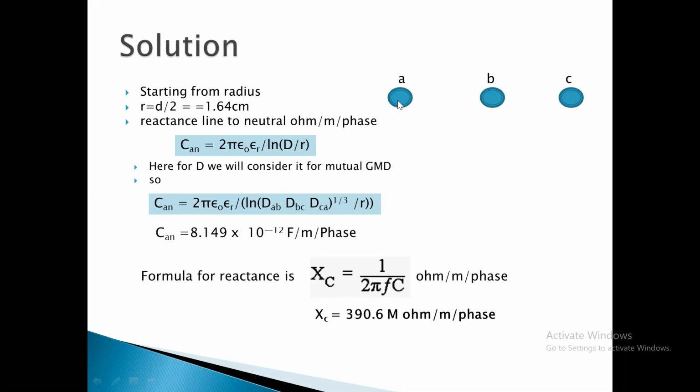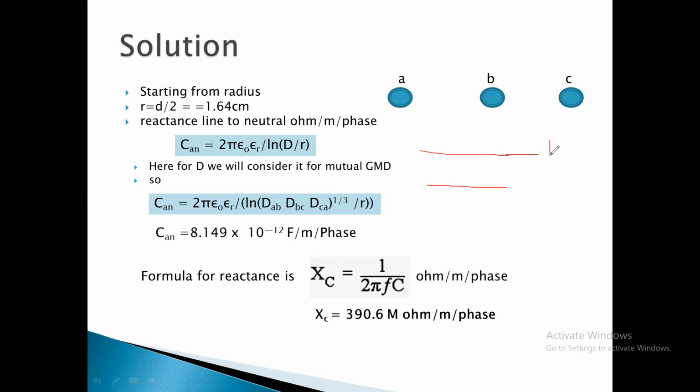We want current to flow from phase to phase, because we want the sending end voltage. If you look at transmission lines, let me draw over here. Okay, this is for example a phase. For example here there is something like a neutral line, maybe with a pole or something, neutral line.